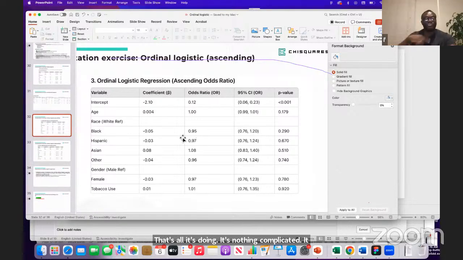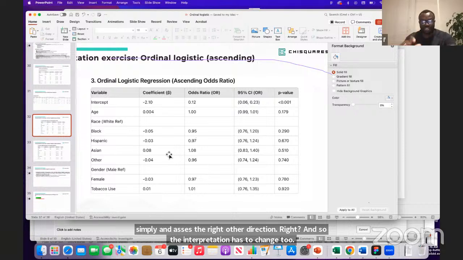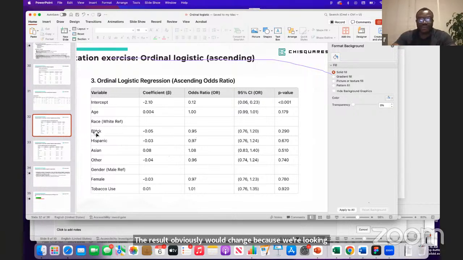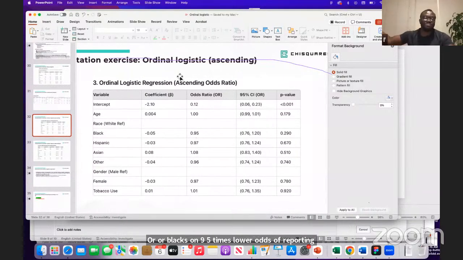And so the interpretation has to change too. The result obviously will change because we're looking at the vector in a different direction. But essentially, if we interpret the black, we say that blacks had 0.95 times lower odds of reporting increasing support for bans on menthol use compared to whites. Assuming that this same result was sent in a descending direction, it doesn't change.